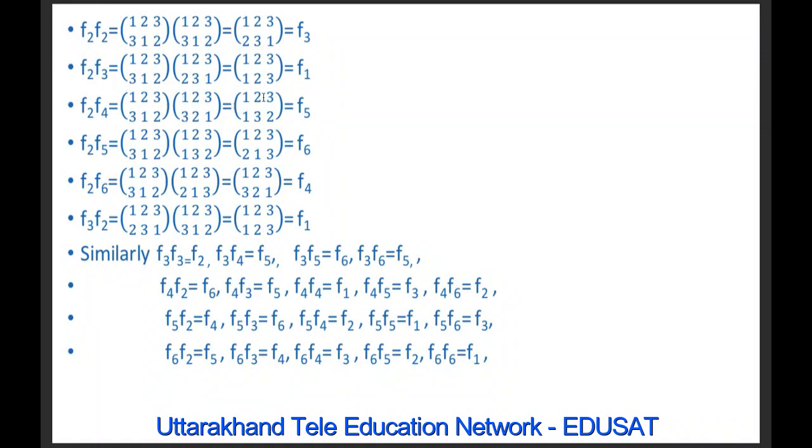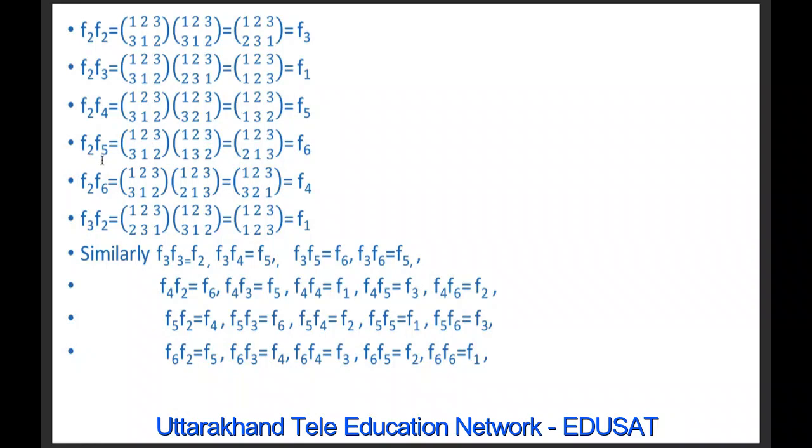So 2 under 3. The image of 3 under F2 is 2 and the image of 2 under F4 is 2. So 3 below 2. The resulting transformation is 1 2 3 in the first row, 1 3 2 in the second row. This we have denoted by F5.